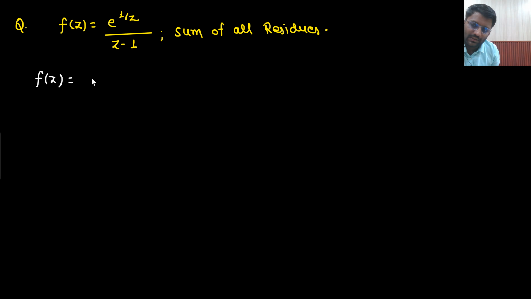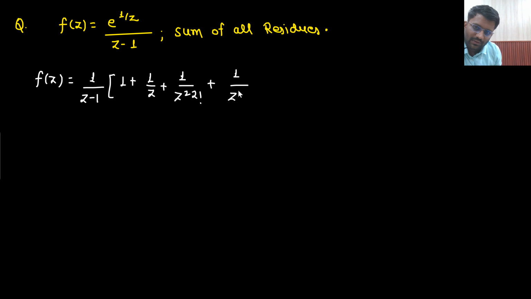F of z is 1 upon z minus 1 outside, and I can do the expansion of this guy, which is like this. Okay. 1 by z square 2 factorial, 1 by z cube 3 factorial and so on. So you can see that, sir, z minus 1 equals to 0.